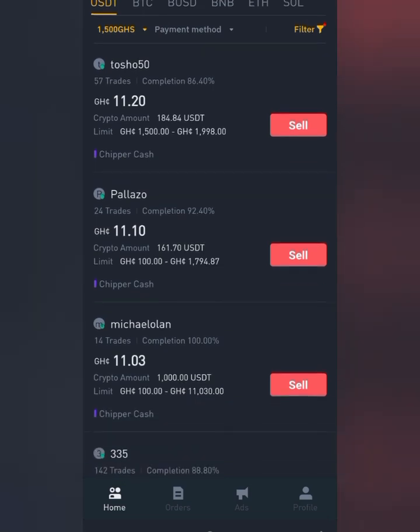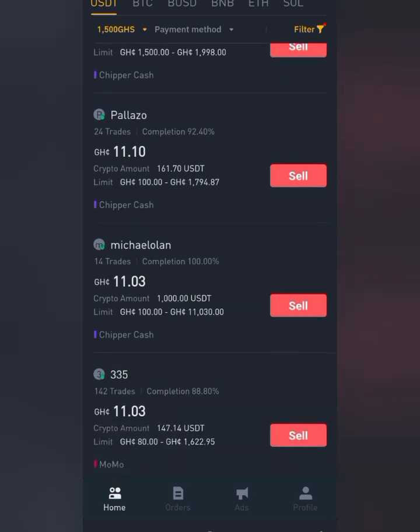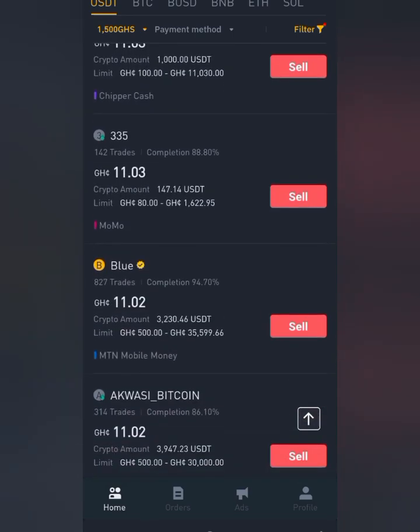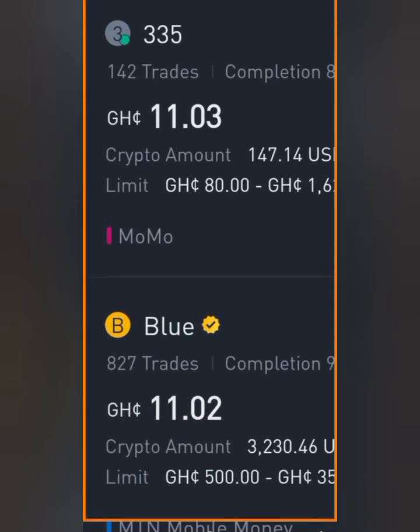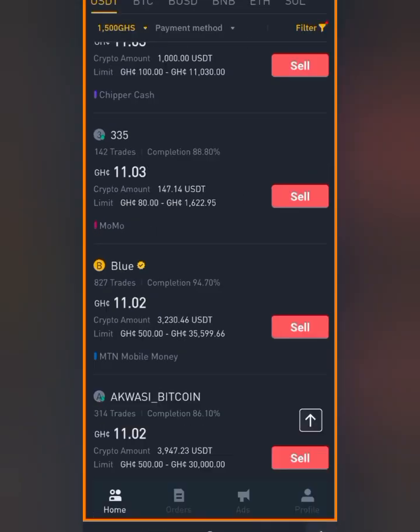Even with the second option, which is 11.10, there's still a 3 pesos profit per each USDT. Back to this one that says Momo, it's 11.03, which is still less.